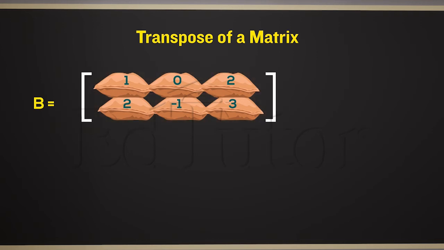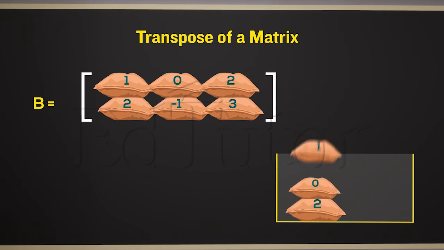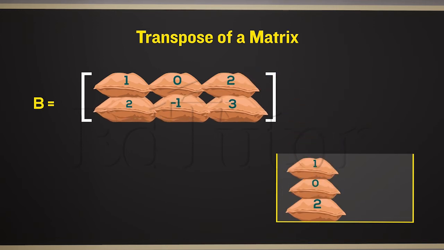Now comes the fun part. Put another empty box underneath it and push the bags of the first row in such a way that numbers 2, 0 and 1 fall in the empty box one by one, just like this. Do the same with the second row.